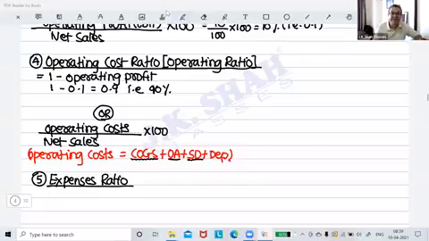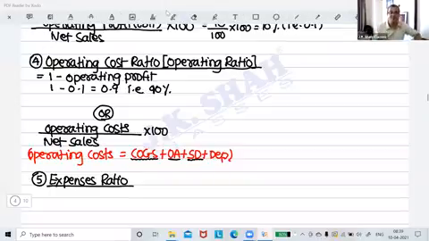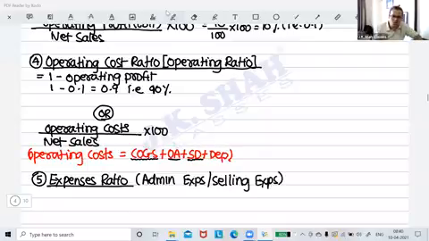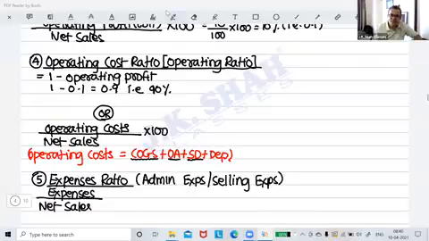Okay. Expense ratio. See, guys, now it depends whether it is admin expenses or selling expenses, whichever expense is told in the question. What do you simply do? You say expenses upon net sales into 100. That's it.